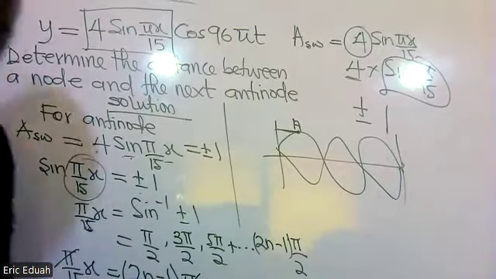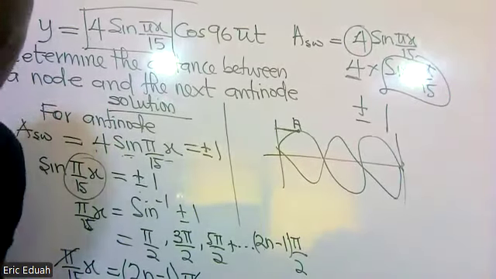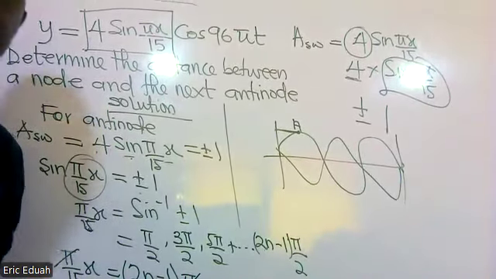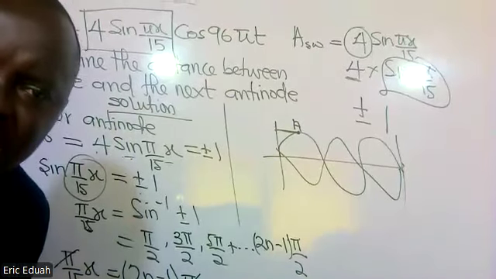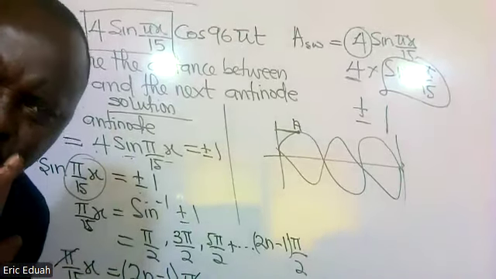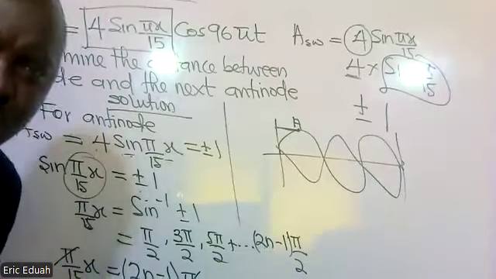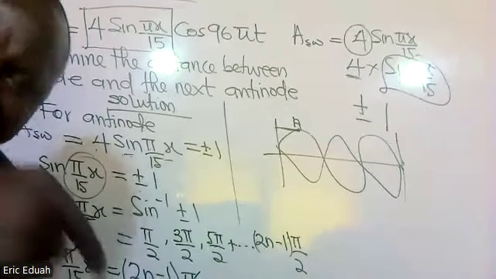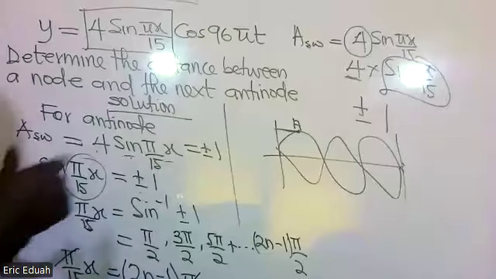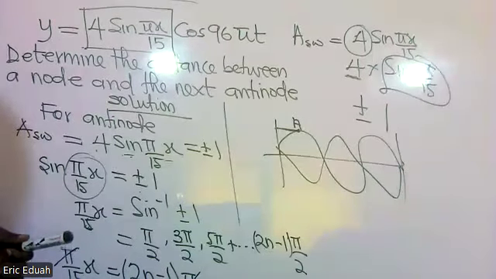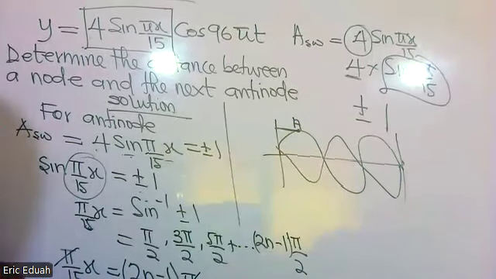And antinodes are formed at the amplitude. So when you determine an amplitude, you have determined an antinode. Charlotte, are you okay? When you determine an amplitude, you have also located an antinode. So how can we determine the amplitude or antinode?